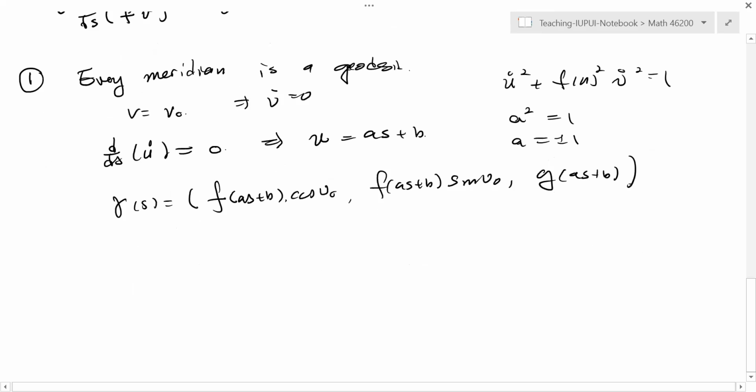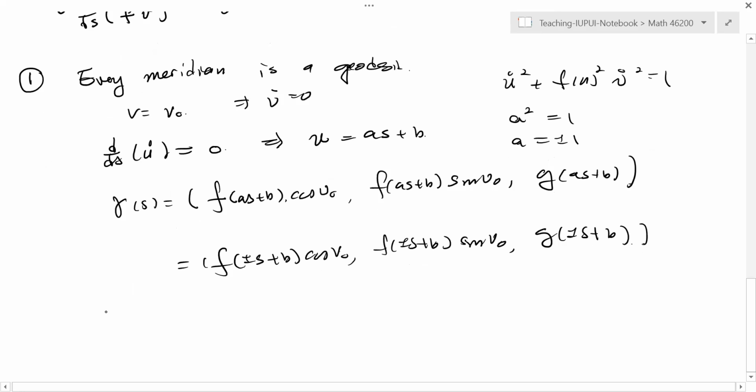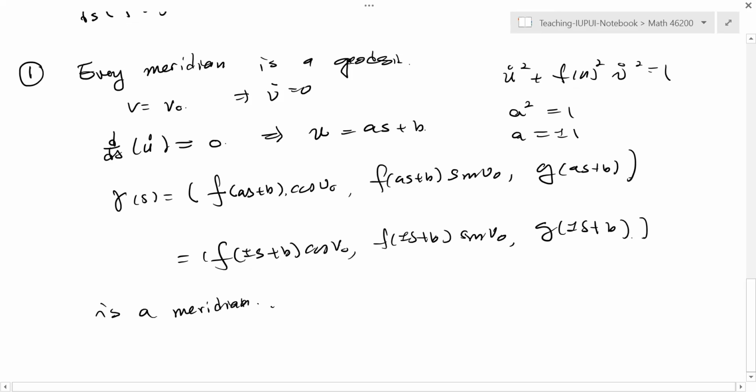So this is a geodesic, and this geodesic is a meridian.